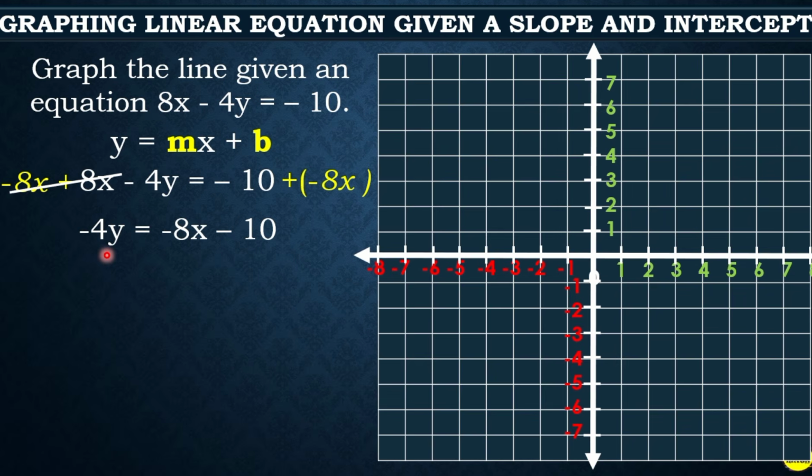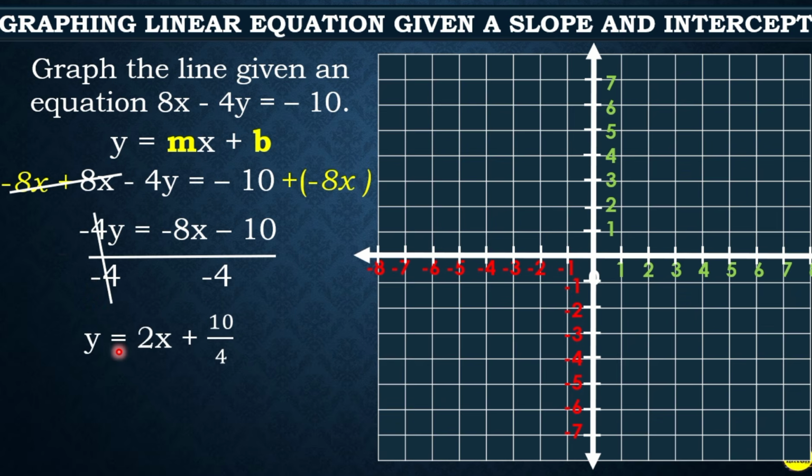As you can see, it's now arranged as y equals mx plus b. But we still have a coefficient here, so we need to cancel it. We will divide both sides by negative 4, so negative 4 cancels. Let's simplify.